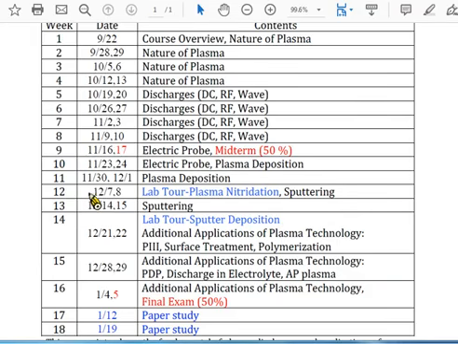There are 2 lab tours, arranged in the 12th week and the 14th week, on December 12th and December 21st.